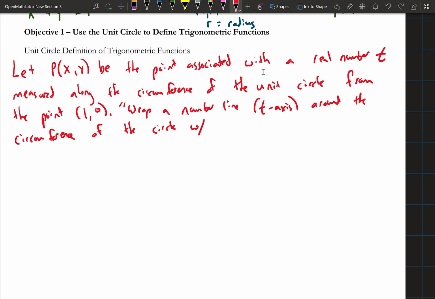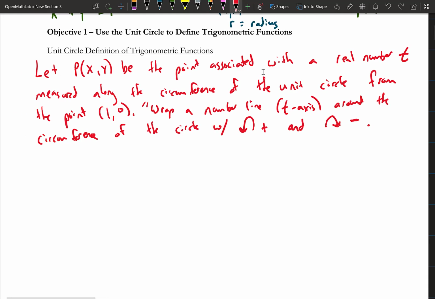So if you're going this direction, counterclockwise, that would be a positive direction, and if you're going this direction, that would be negative, right? So consistent with measuring a central angle that we had talked about, right? All right, so that's the word setup.